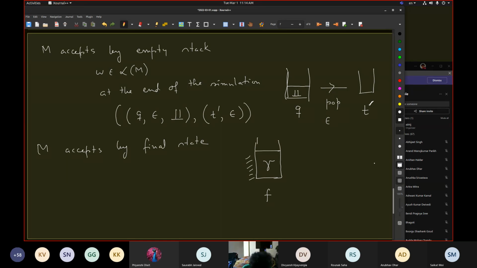No, it cannot be empty because the simulation does not recognize this bottom marker. On top of that, there may be anything, any gamma. So because this is always there, N does not halt at this point. So make an epsilon transition, keep this stack exactly as it is. Then empty the stack. Go to state T prime.